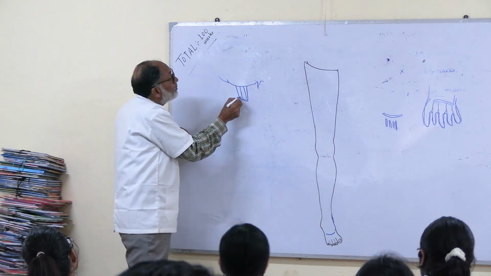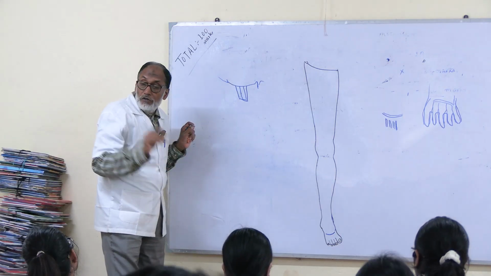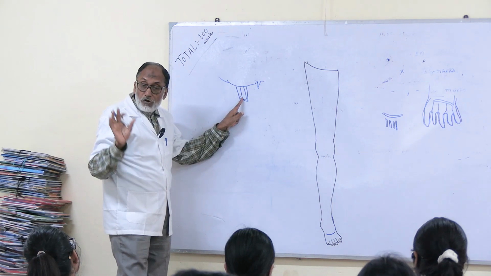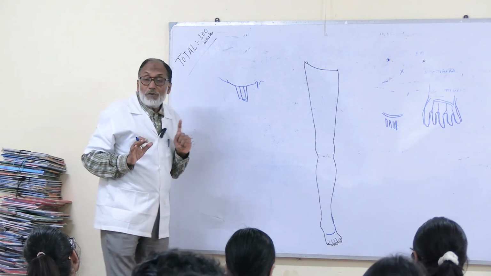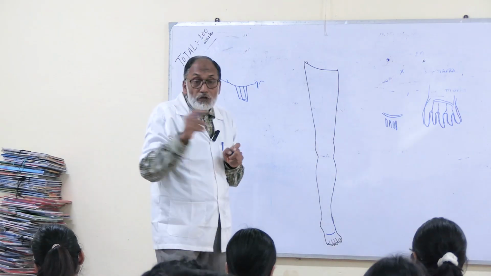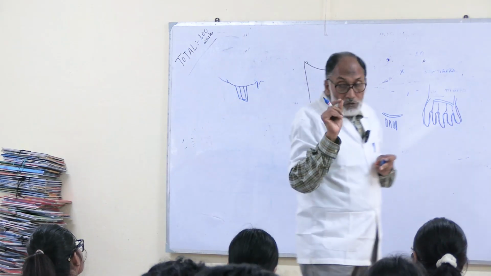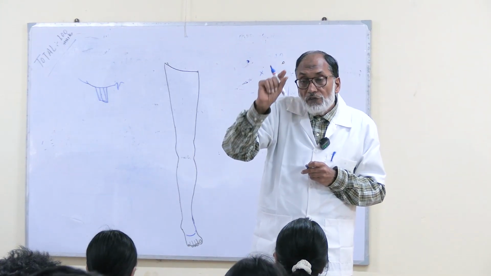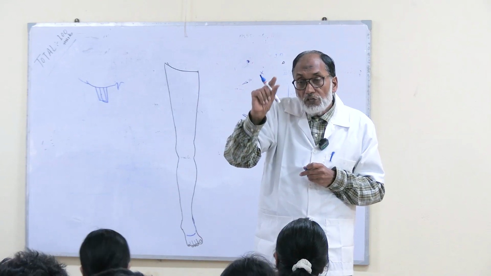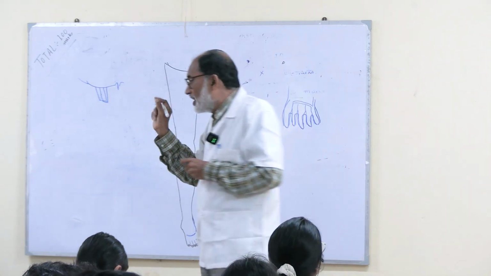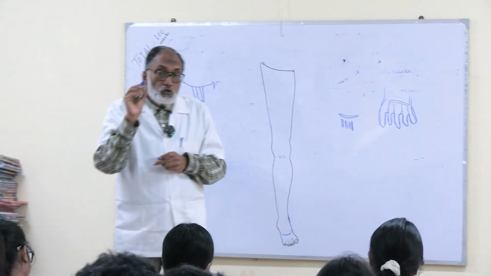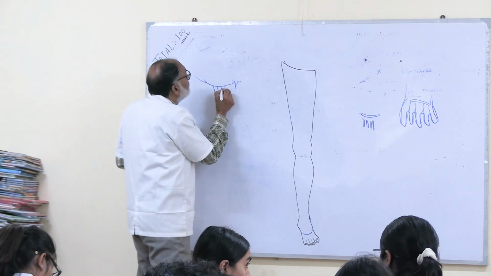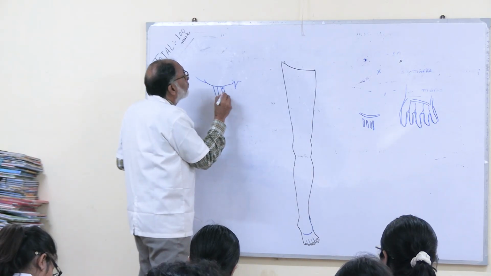Now this lateral compartment contains the femoral artery. The intermediate compartment contains the femoral vein, and the most medial compartment contains one deep inguinal lymph node, that is called Cloquet's gland, and some lymph vessels and some areolar tissue.